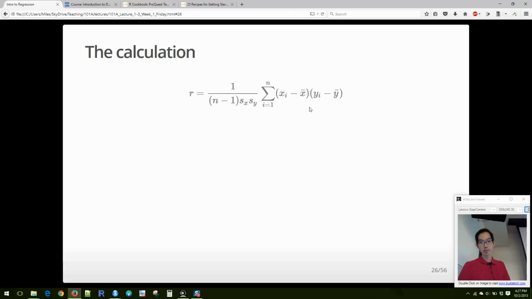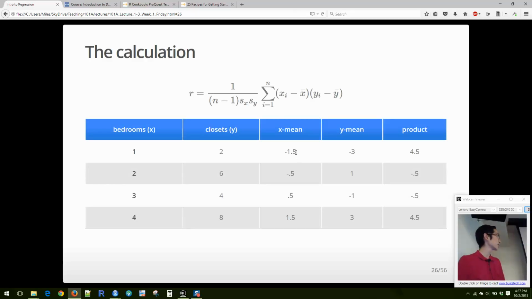Negative 1.5 times negative 3 gives positive 4.5, then negative 0.5 times negative 1 gives 0.5, and so on, ending with positive 4.5. If you add up these products, you get 8.